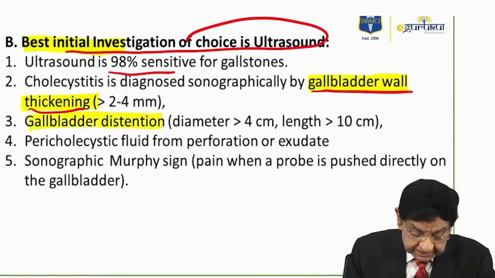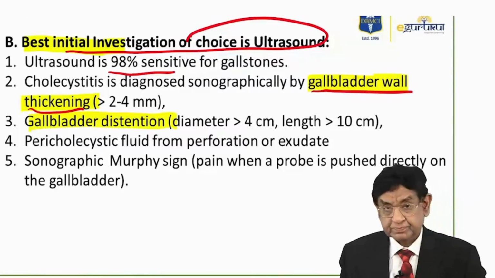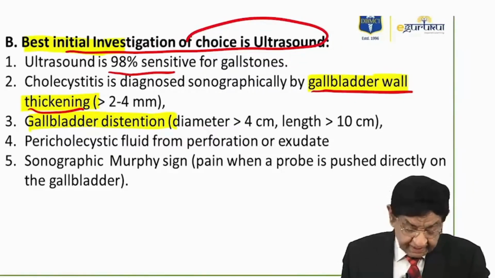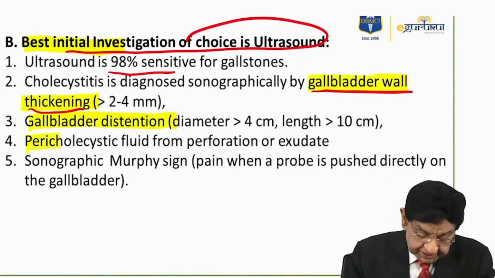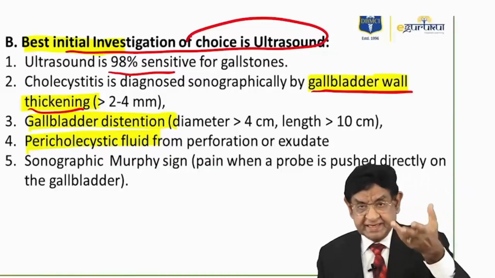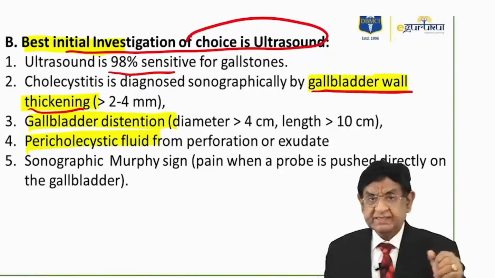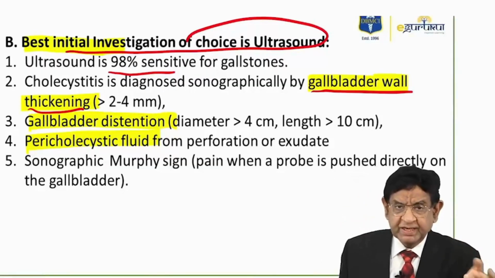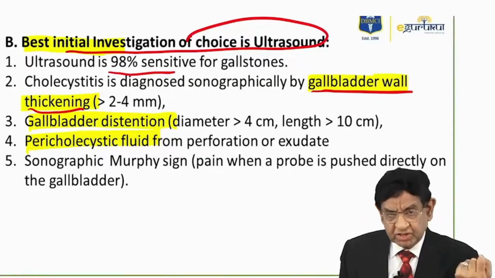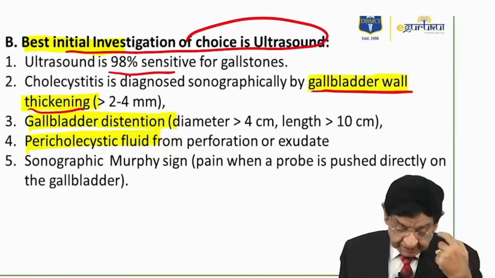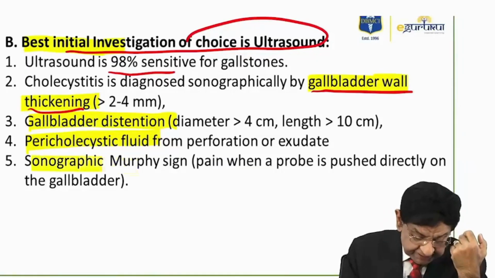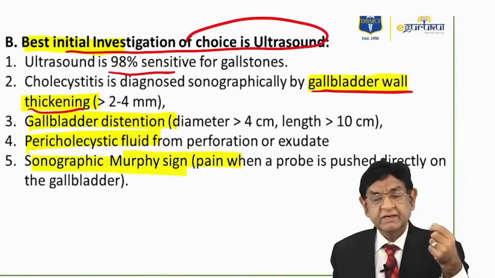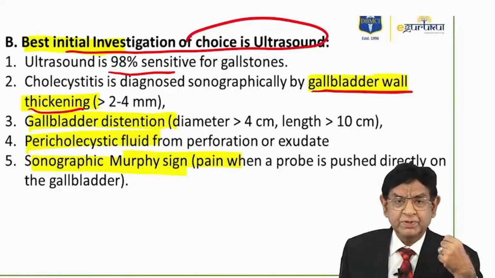Gallbladder may be even distended also, and there can be some pericholecystic fluid. If the gallbladder is leaking, there can be some liquid fluid outside the gallbladder also. And even Murphy's sign you can elicit by ultrasound also.